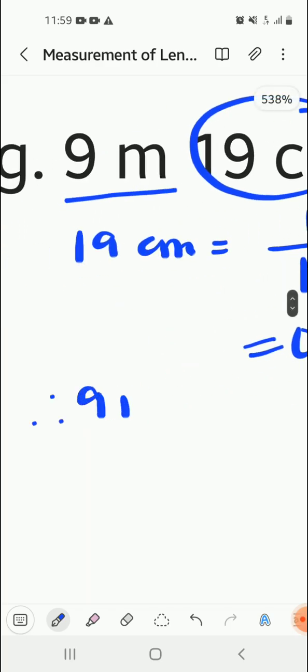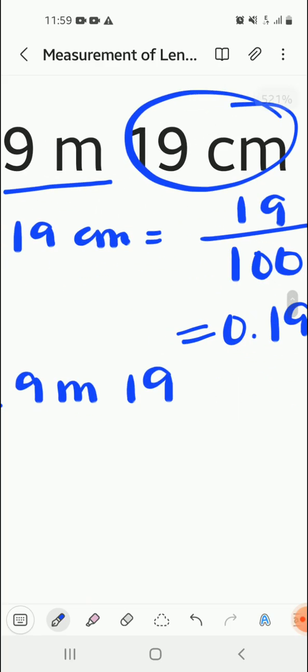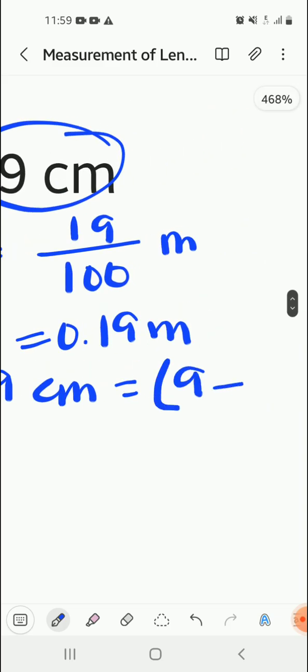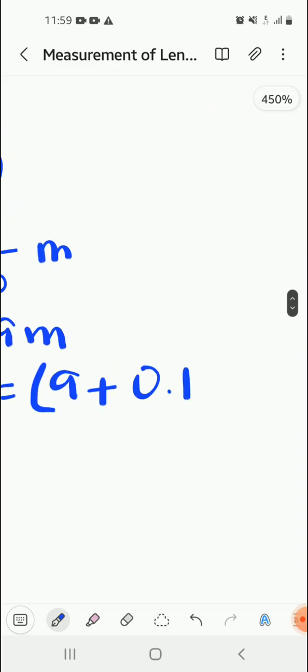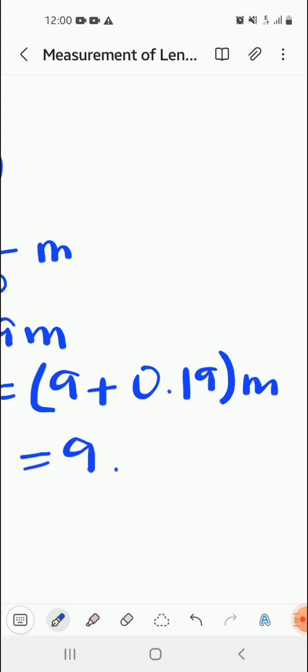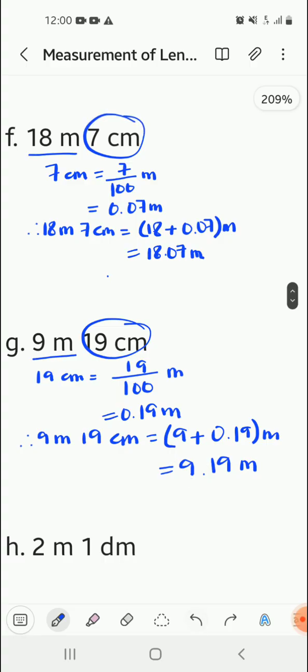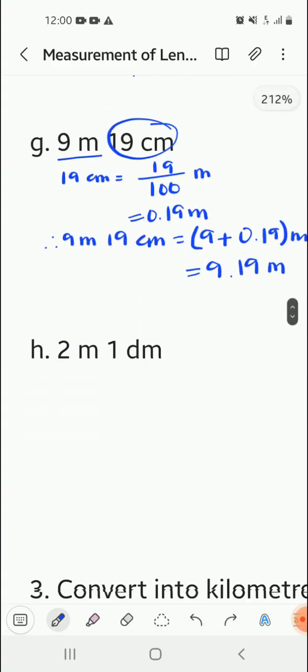Therefore 9 meter 19 centimeter is equal to 9 plus 0.19 meter, that is 9.19 meter. That is it. Moving on to the next question.